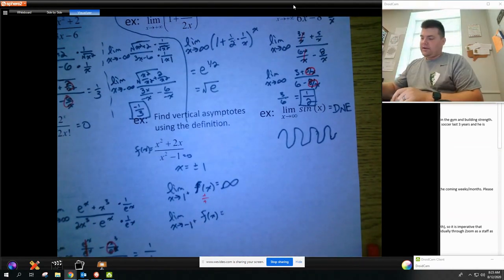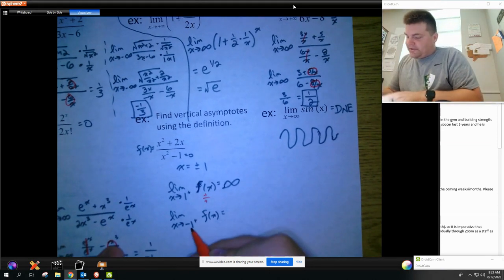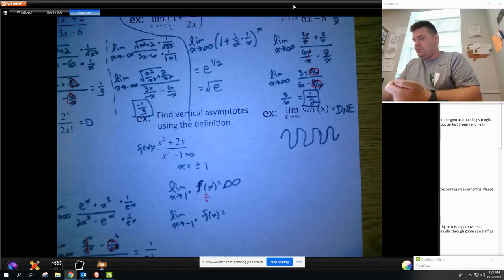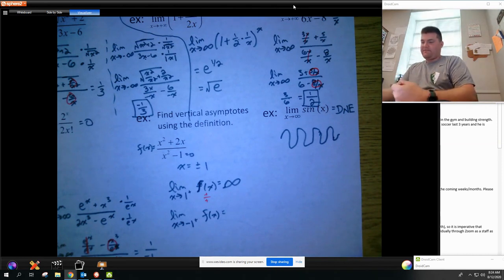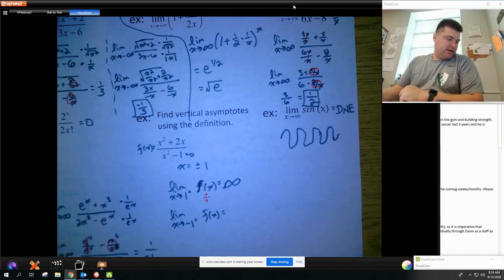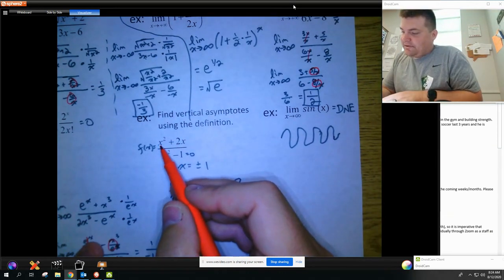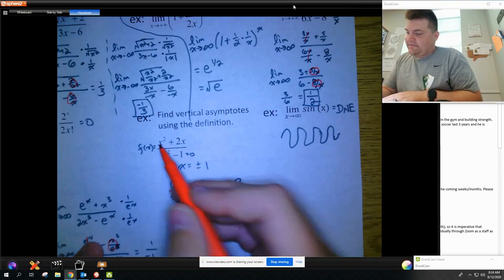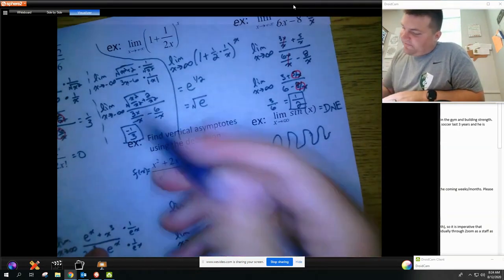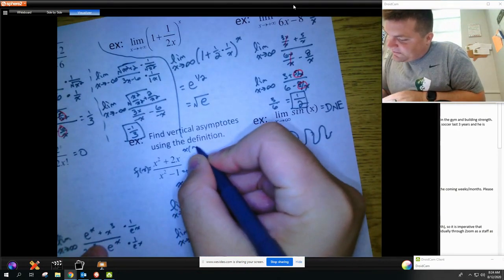And if I go to the right of -1, which would be like -0.9, is that going to give me -0.9 on top? You know what? I'm going to factor this one up here to make my life a little bit easier.